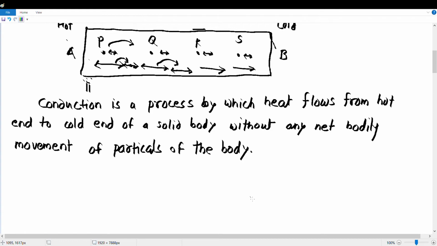You have observed that the metals are good thermal conductors.